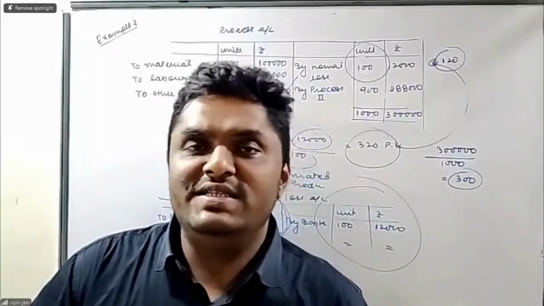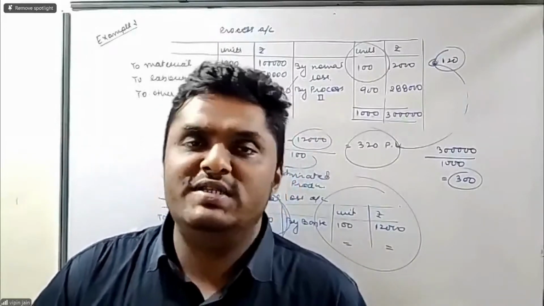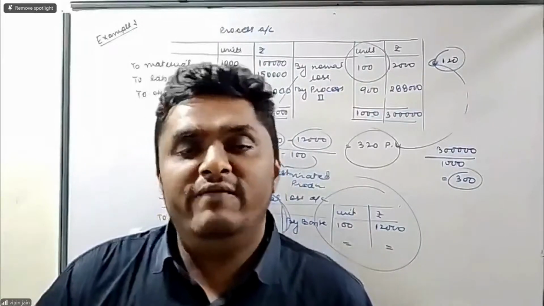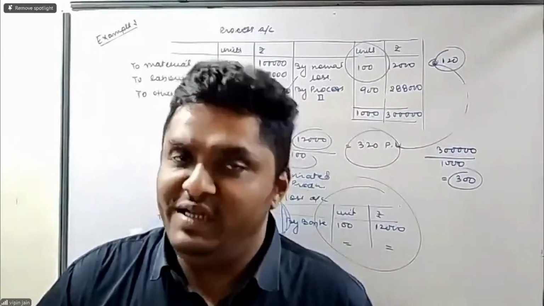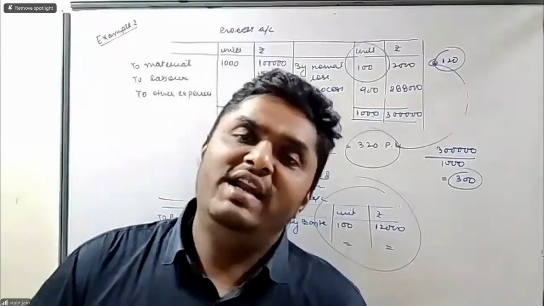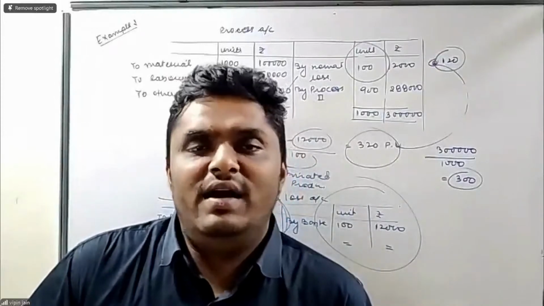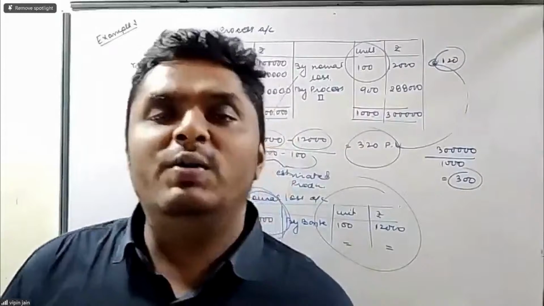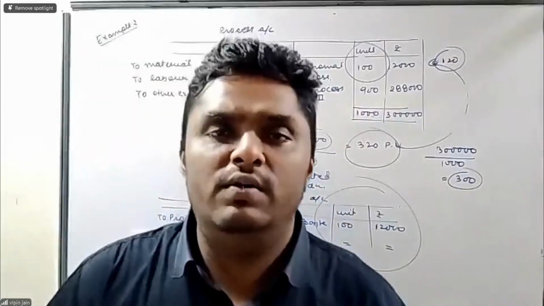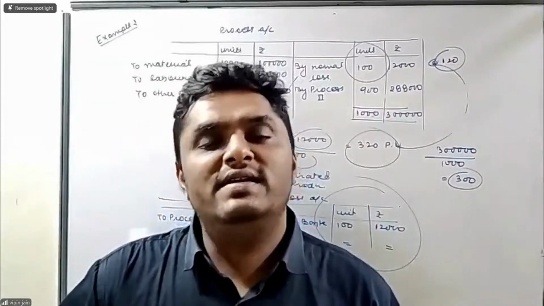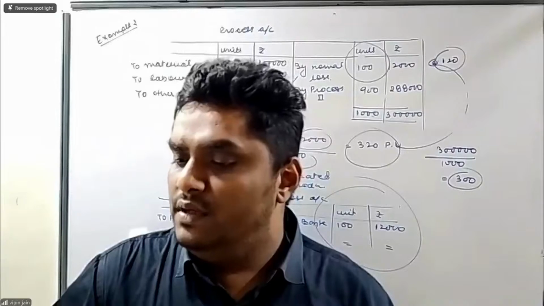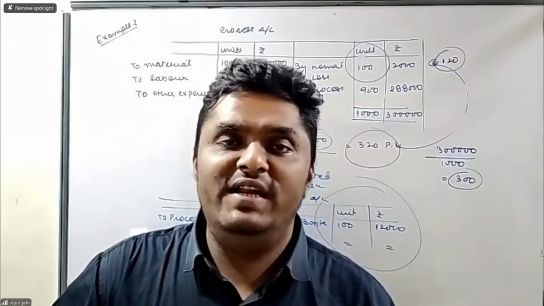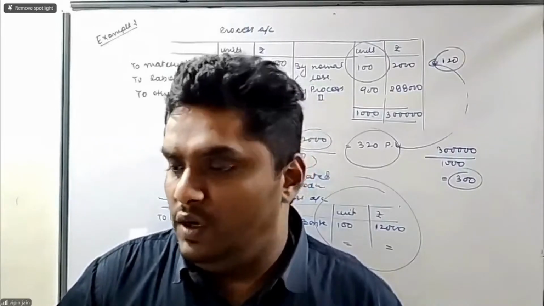Since each process is unique and separate, separate process account is to be prepared for every process to record the cost pertaining to that process. Thereafter, we discussed how to prepare a very basic process cost account. Thereafter, we discussed the concept of normal loss. Now, let's proceed further with the next part, that is abnormal loss.